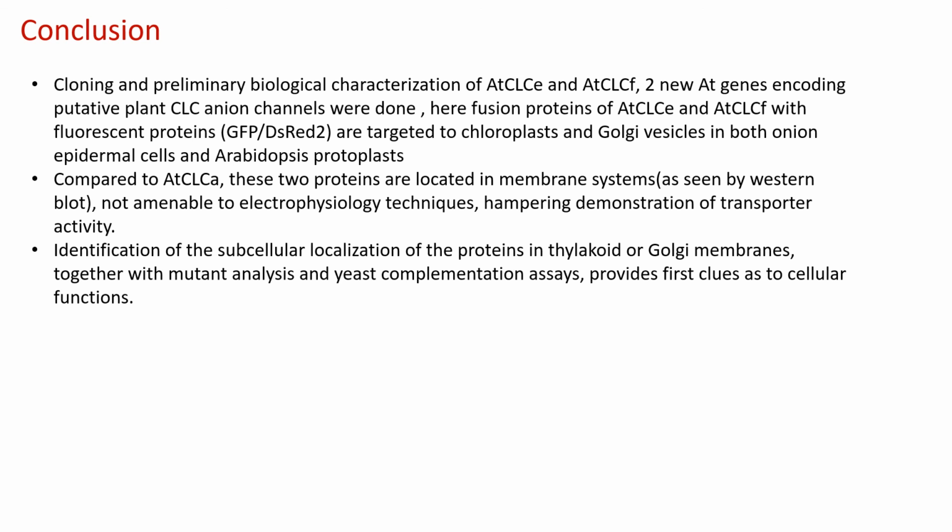And here they showed where these 2 proteins are located. One is located in the chloroplast, and ATCL-CF is present in the Golgi vesicles, and they have very different functionality, as shown by the experiments that were done using yeast complementation assay and the mutant assays.